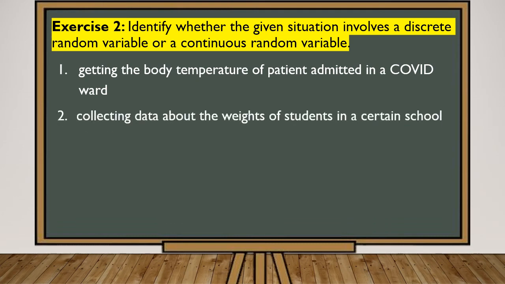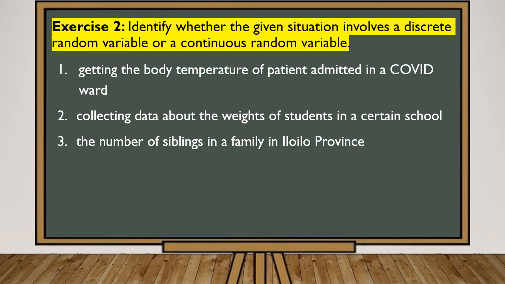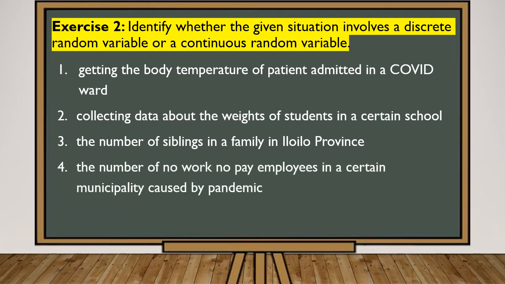Number 2, collecting data about the weights of students in a certain school. Number 3, the number of siblings in a family in Iloilo province. Siblings means magkakapatid. Number 4, number of no work, no pay employees in a certain municipality caused by the pandemic. And number 5, the speed of a car.